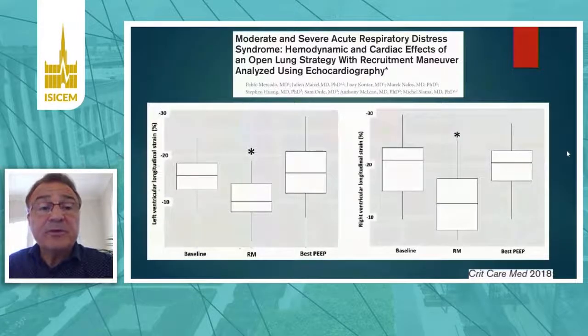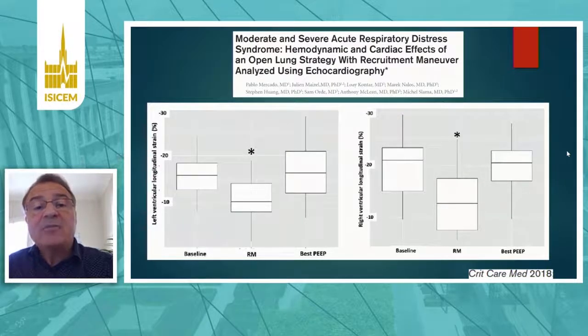But the recruitment maneuver not only depresses the systolic function of the right ventricle, but also the systolic function of the left ventricle. On the left-hand side, you see that the left ventricular longitudinal strain is impaired during a recruitment maneuver.